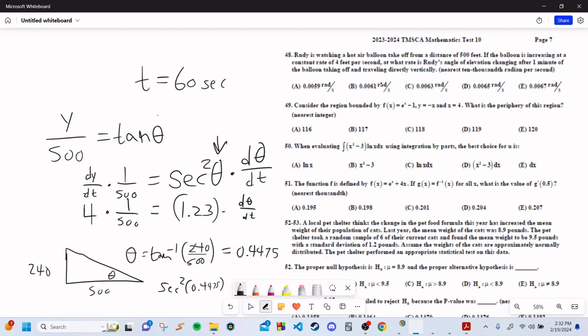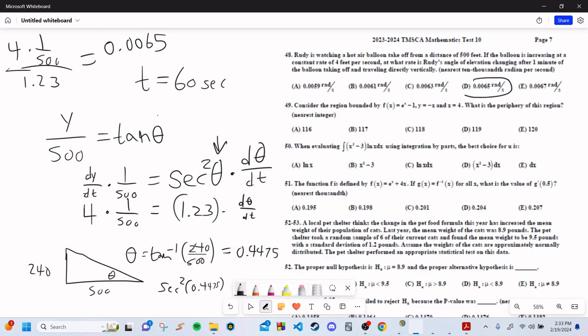So now we can solve for d theta dt. After doing 4 times 1 over 500, all divided by 1.23, we end up with an answer of about 0.0065.